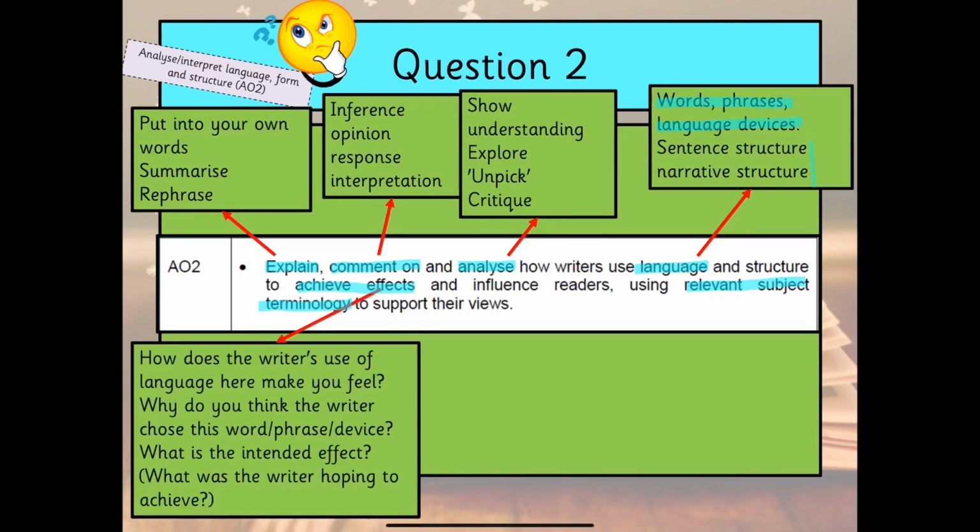It's all about effect. AO2 is all about what the reader thinks or feels. And the question you need to ask yourself is, how does the writer's use of X, whether it's a word, a phrase, a device, whatever, how does the writer's use of language in this part of the text make you feel, or what does it make you think? This is something that some of my students tend to struggle with.